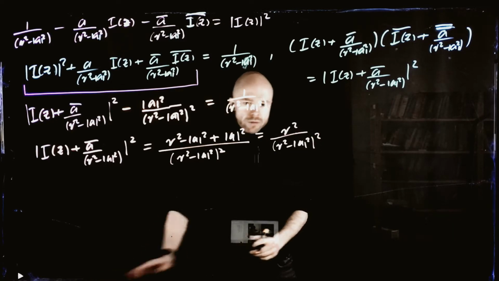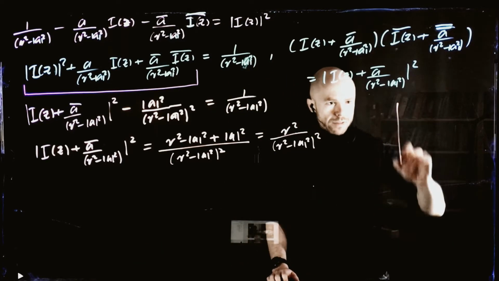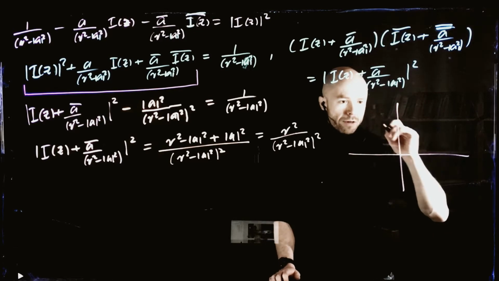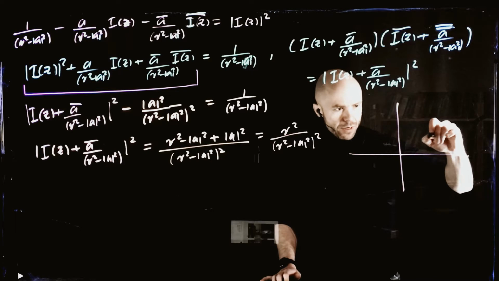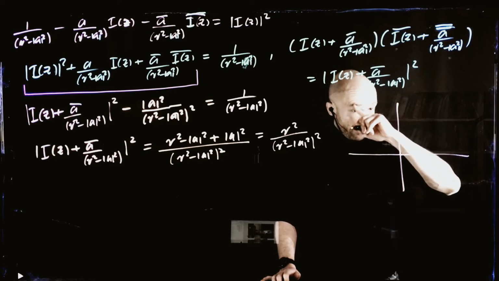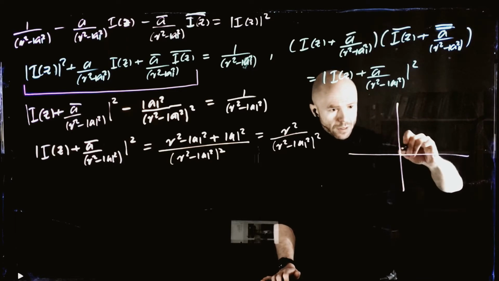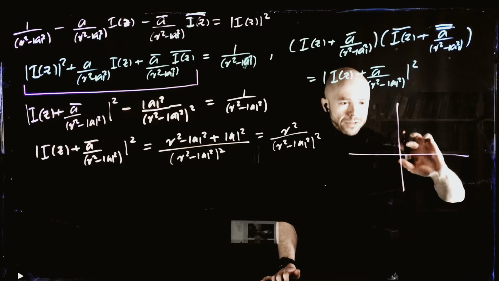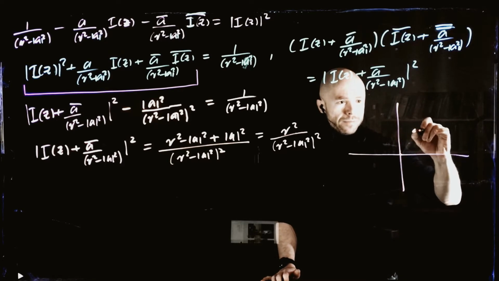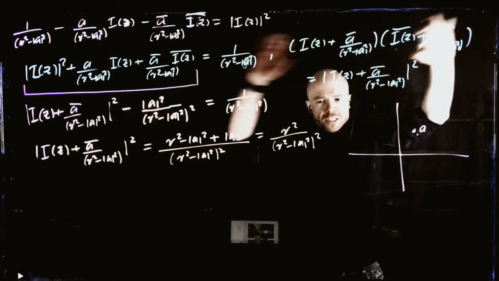Okay, let's see if we believe that this makes sense. So, for example, we have a huge circle, but A is just some number. So suppose A is here, but we take the radius to be huge.